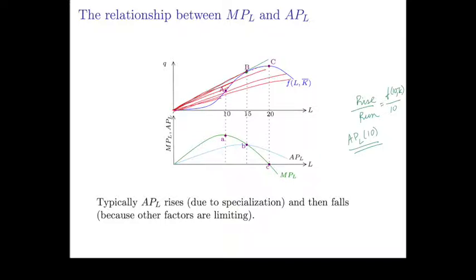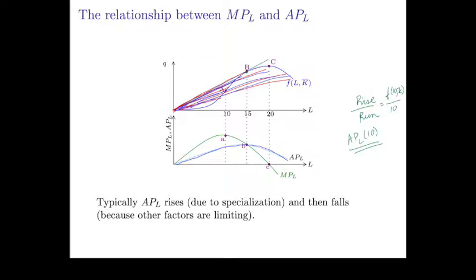So until we get to B, average product is increasing, and after we get to B, average product is decreasing. Just like the slope of these lines is increasing until we get to B, and is decreasing after we pass B. Because the slope of these lines gives you exactly the average product of labor.